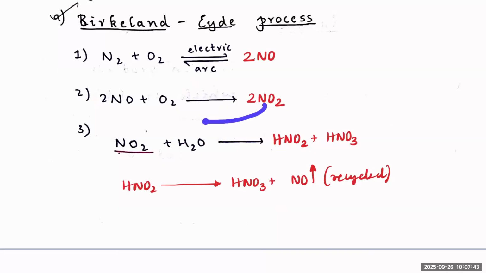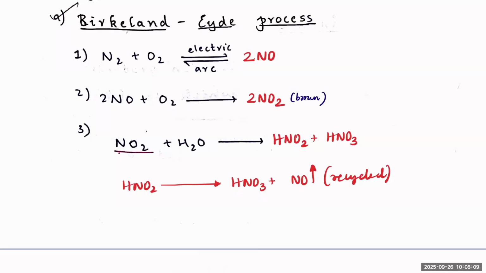Once you get NO2, you will see NO2 is a brown color vapor. You take those vapors and slowly pass them through H2O. It will convert into HNO3 and HNO2. And HNO2, as I told you earlier, at around room temperature will start slowly disproportionating into HNO3 and NO gas.